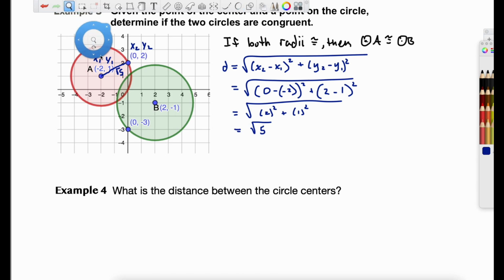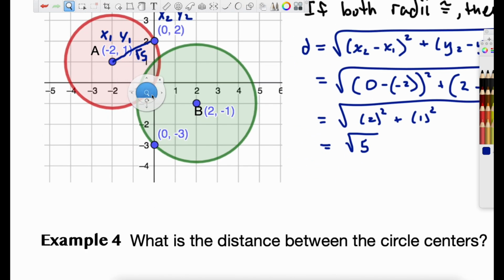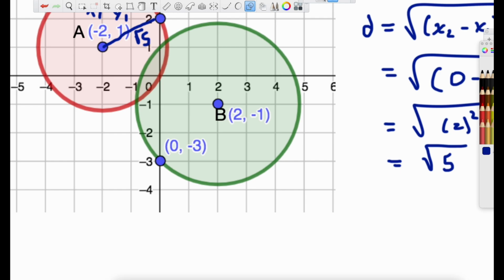So for B, I'm going to think in terms of the Pythagorean theorem.